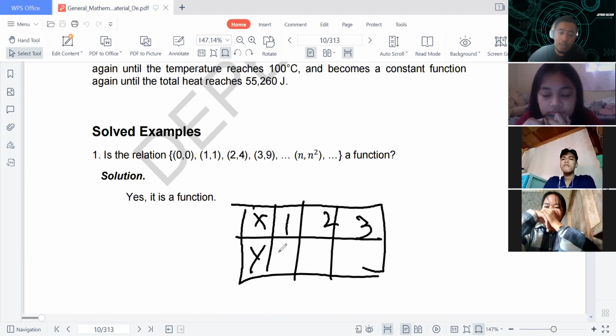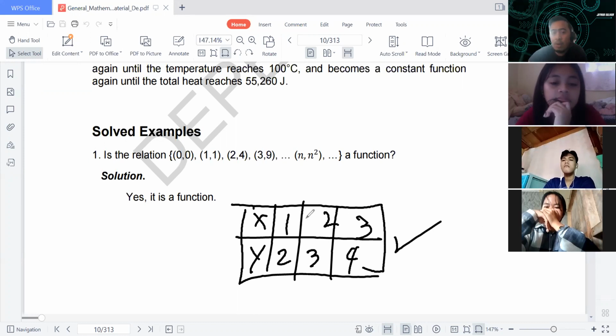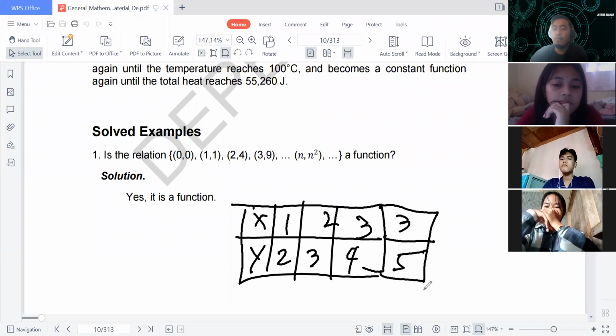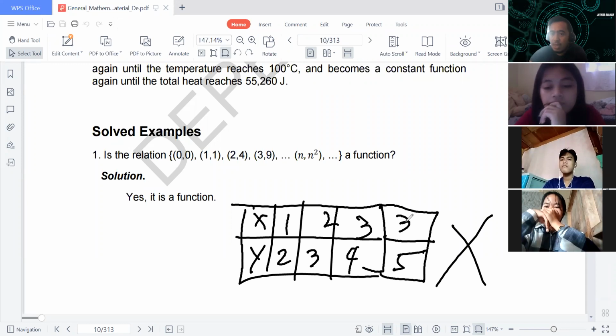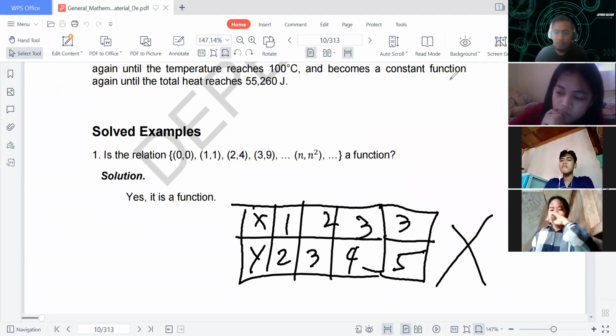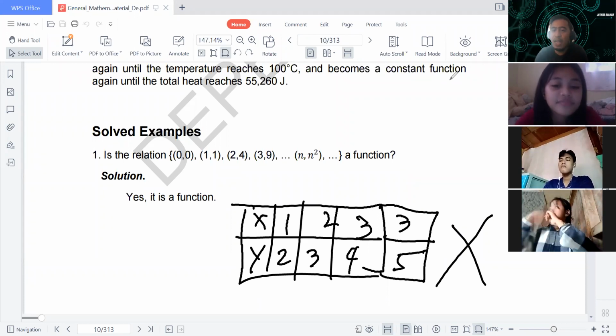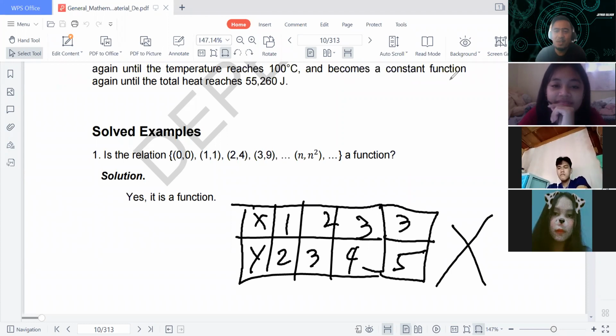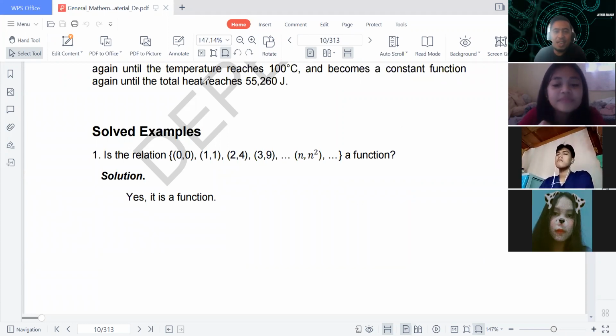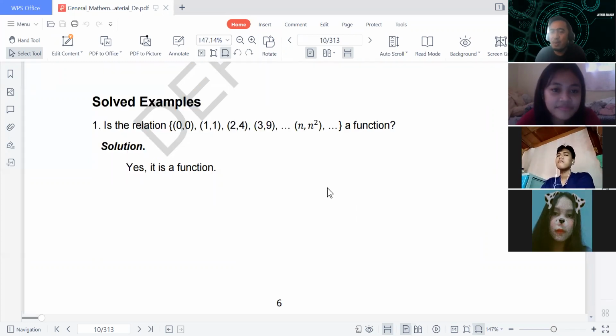Example, 1 is assigned to 2, 2 is assigned to 3, 3 is assigned to 4. This is a function because no value of x is repeated. But if we add 3 assigned to 5, this is not a function, because the 3 is repeated. Understood? That is all you look at: if the value of x is repeated, it is not a function. Okay.